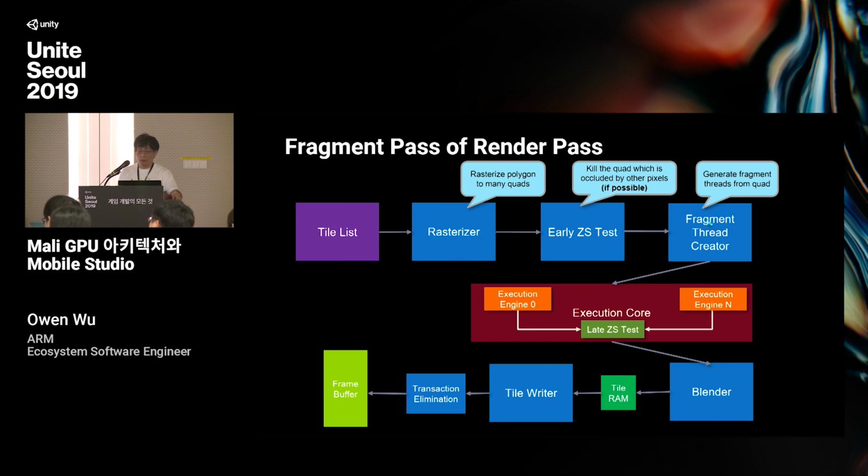After early Z, a fragment thread creator will create 4 fragment threads for a quad. Then the fragment threads will be dispatched to execution engines. For those fragments that cannot take advantage of the early Z test, the late Z test will be done here to kill the fragments which are occluded.